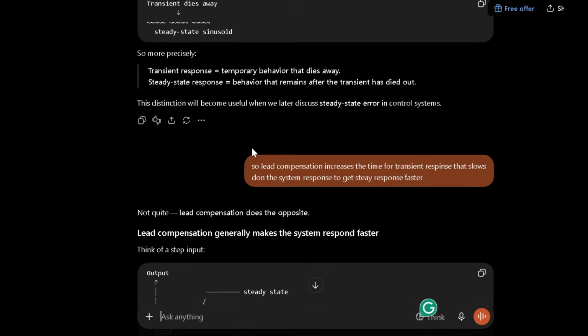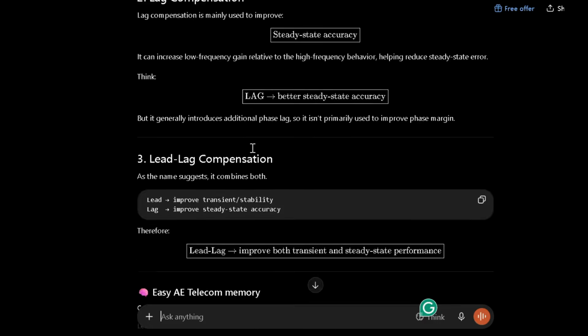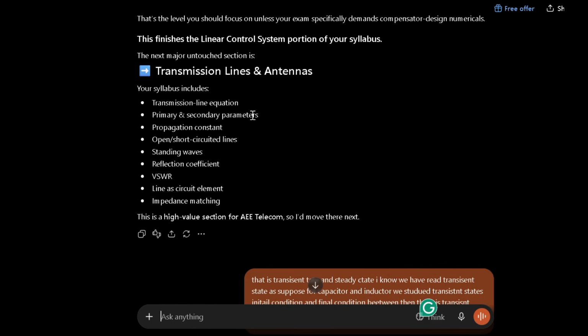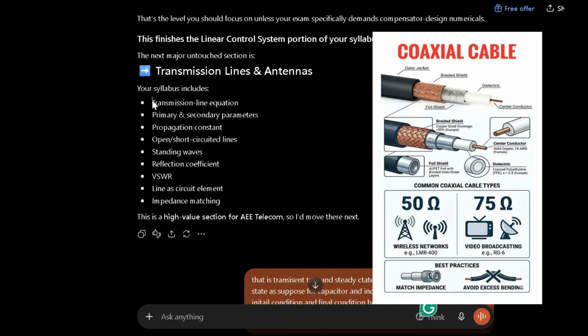Now, moving on from lead and lag compensation to transmission line equations and propagation constant. Transmission lines include coaxial cables, where electromagnetic waves travel through them, caused by AC signals with higher frequencies.